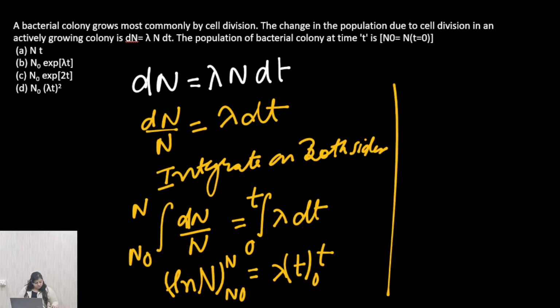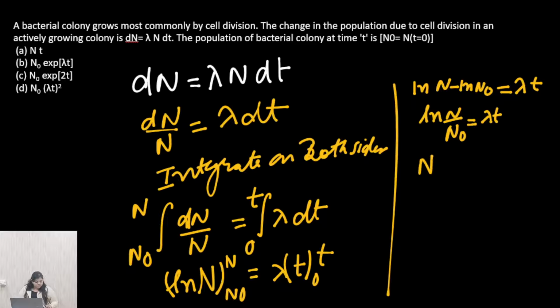Now substitute these limits. We will have natural log of N minus natural log of N naught equal to lambda times t. So natural log of N by N naught is equal to lambda times t, which means N by N naught will be equal to e raised to the power of lambda t.